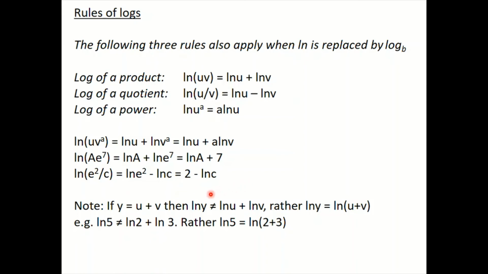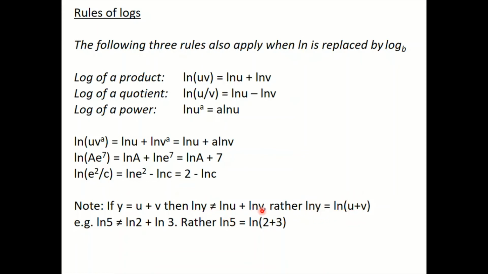One final thing to note is if you are given something like this, y equals u plus v, you cannot apply logs to each of these terms. Rather, you need to group what's on the right hand side and take the logarithm of each side. This will give you the correct answer.